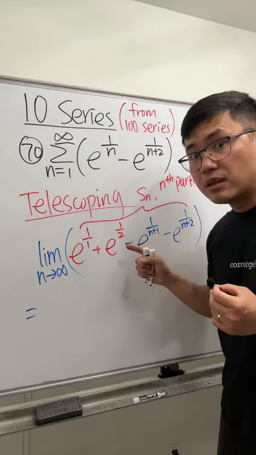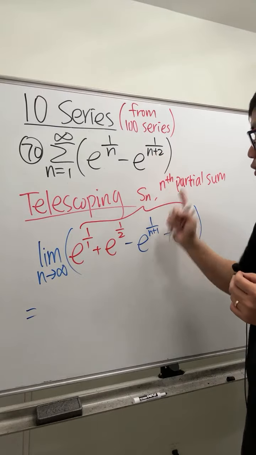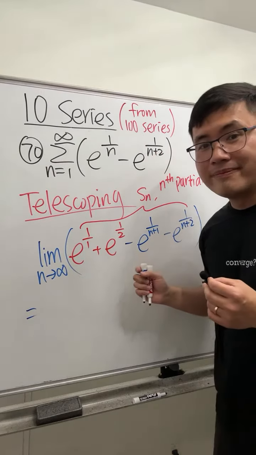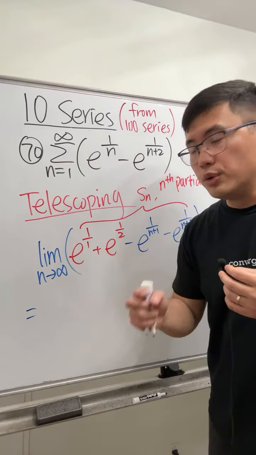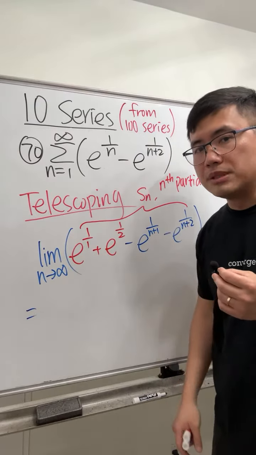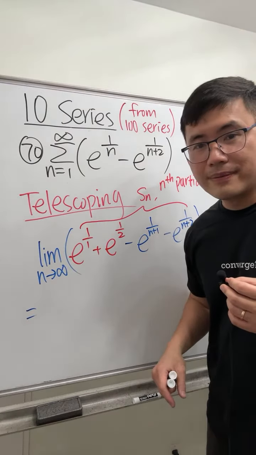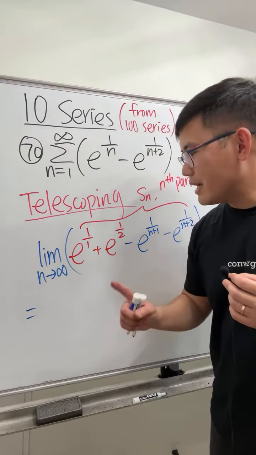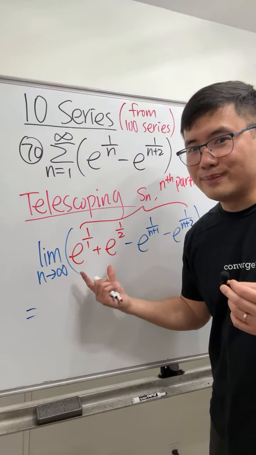So for the previous term, you just subtract 1 from the index here, so you have n plus 1. Unless you want to write out the whole thing and see the cancellations, you will see that 2 terms in the front will be surviving and 2 terms at the end will be surviving. And that's how you get the nth partial sum. Be careful though, this is addition. We cannot combine any of them.